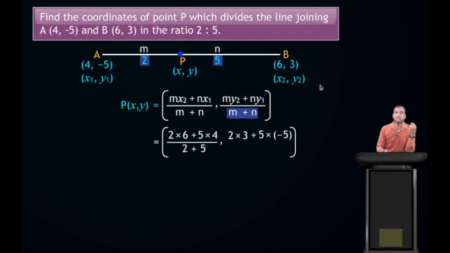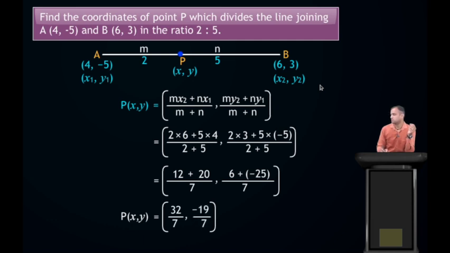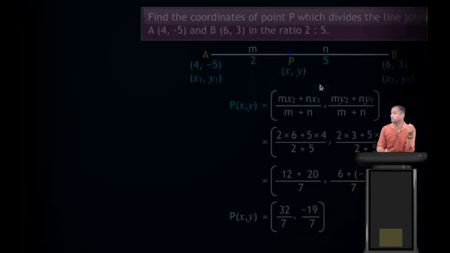You can also find the values of x and y separately. So it is (12 plus 20) upon 7, (6 minus 25) upon 7. So the value is 32 upon 7 and minus 19 upon 7. Okay, so this is the point P.